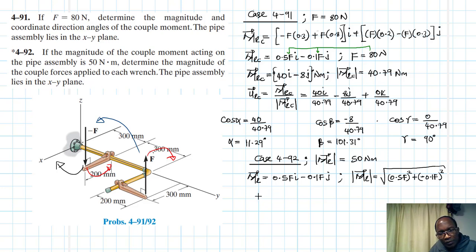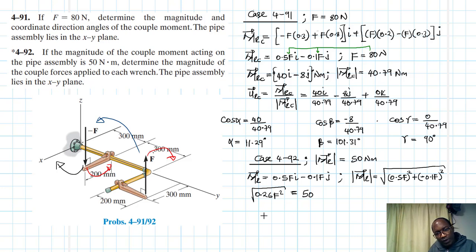We get 0.26 F squared, and the square root of 0.26 F squared is equal to this magnitude, which is equal to 50.